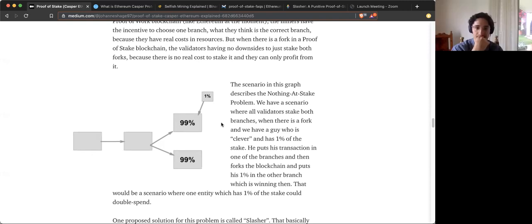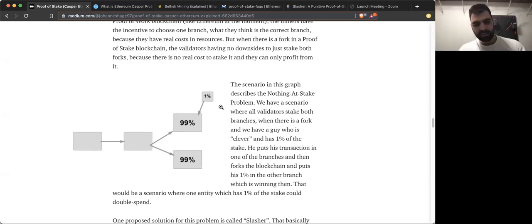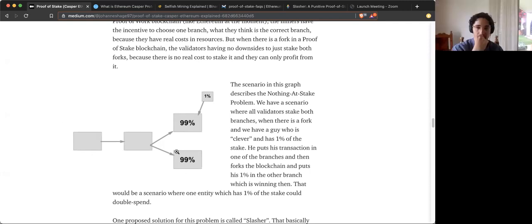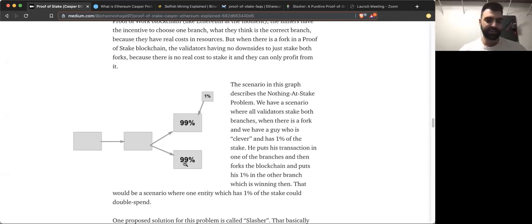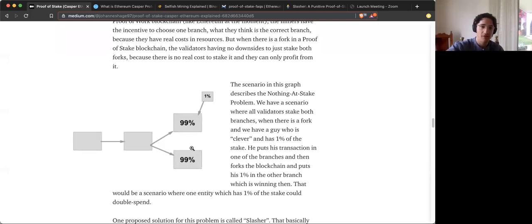Yes. And this explanation I found a bit confusing, but the gist of why this causes a problem is that imagine now there's a fork in this network, and 99% of the validators just keep adding to both of these forks, right? So this fork would just keep growing, is what you're saying?